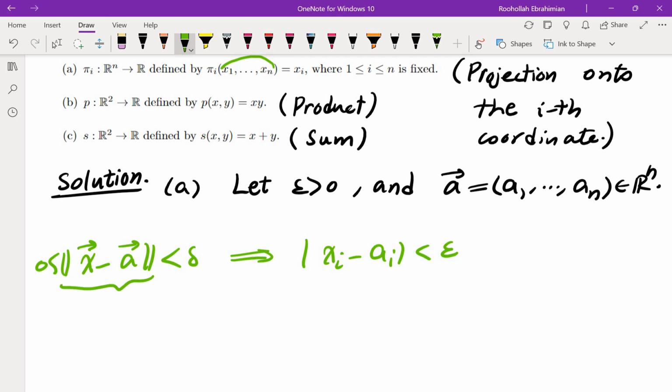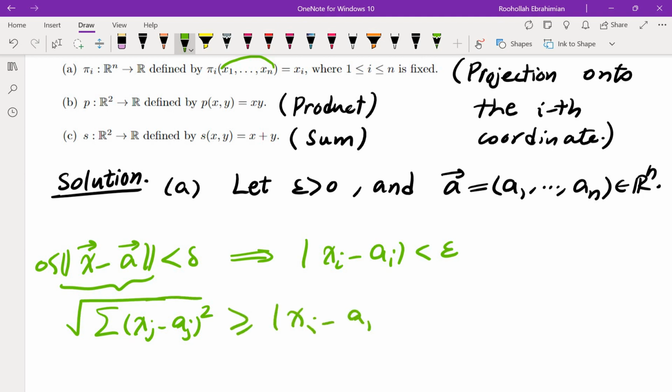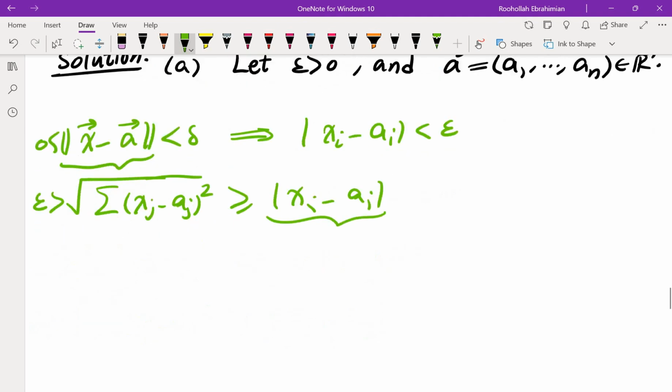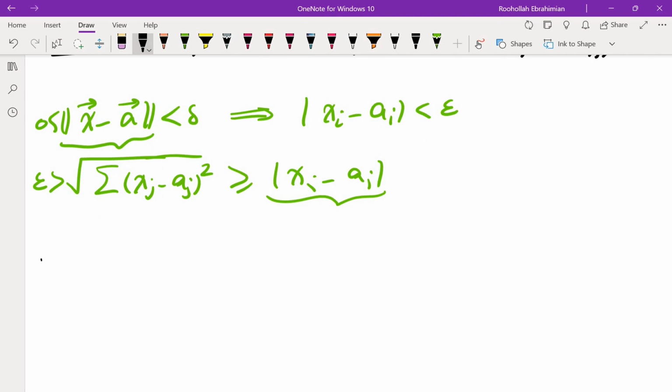But this is just the square root of the sum of xj minus aj squared, which is greater than or equal to the absolute value of xi minus ai. So we can make this one less than epsilon by making this one less than epsilon. So here's what we're going to do.